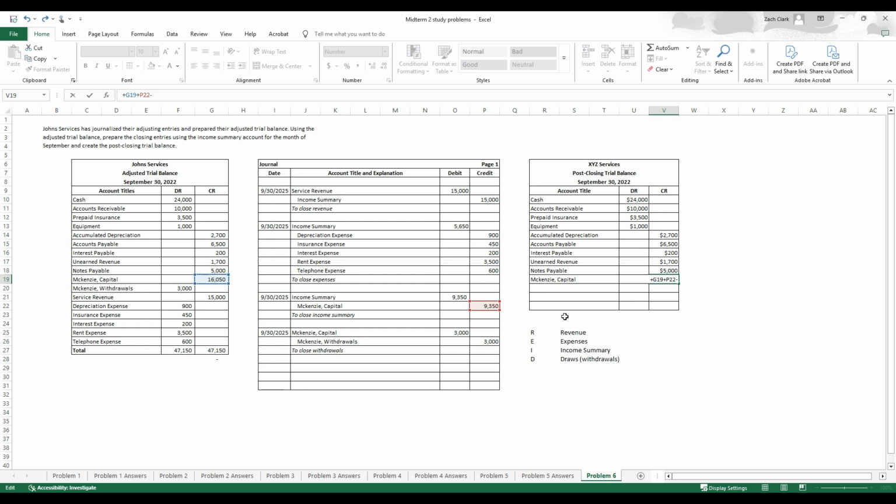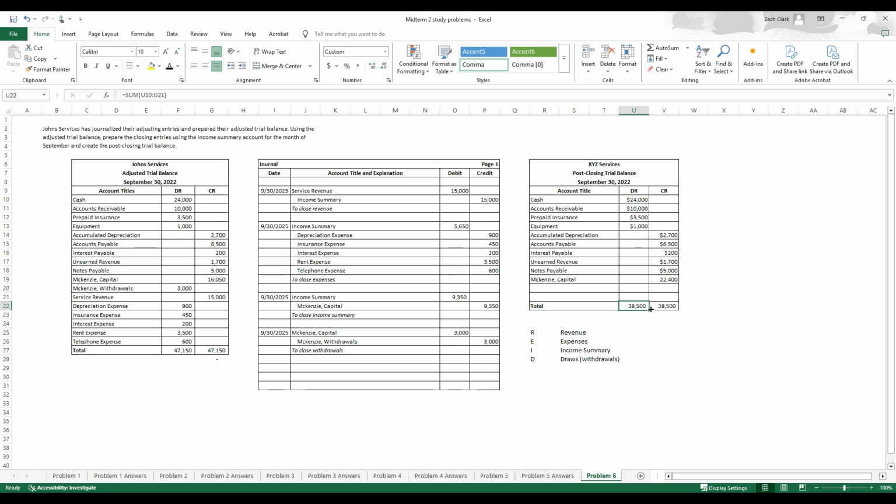So beginning credit plus an additional credit for the net income minus a debit for the draws gives us 22,400 ending balance. And then I'm just going to copy this over, get our totals, fix our formula.